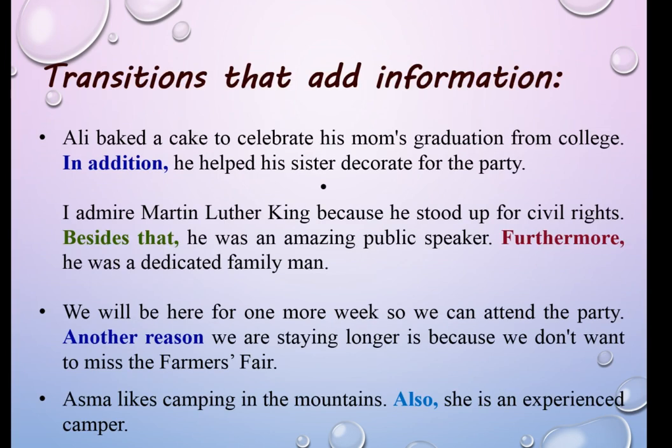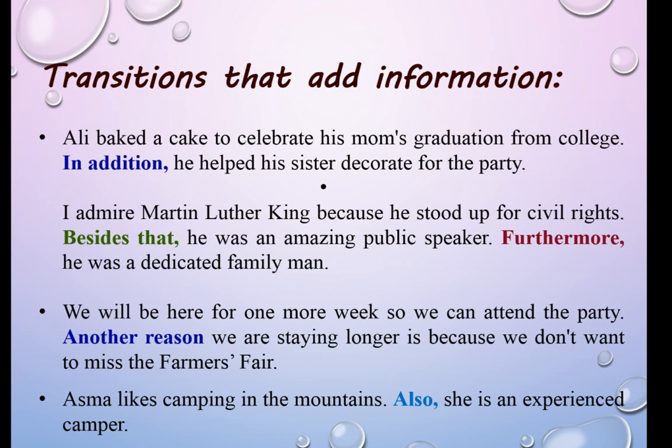So the first sentence says, Ali baked a cake to celebrate his mom's graduation from college. In addition, he helped his sister decorate for the party. Okay, so there's one piece of information and then you're adding more to it by using the phrase in addition. The next sentence says, I admire Martin Luther King because he stood up for civil rights.